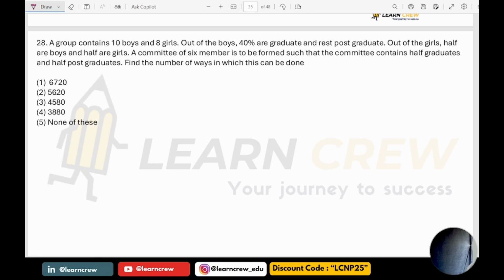A group contains 10 boys and 8 girls. Out of the boys, 40% are graduate and the rest are postgraduate. So 4 are graduate and 6 are postgraduate. And there are 8 girls.